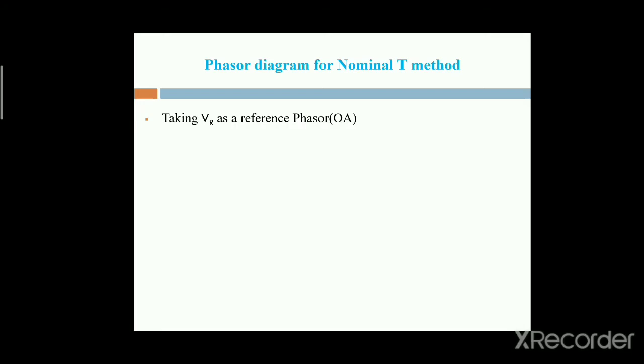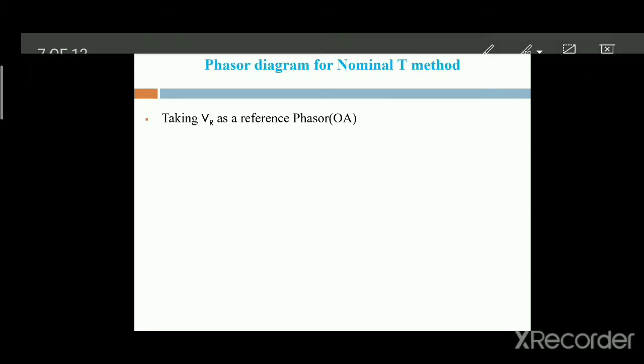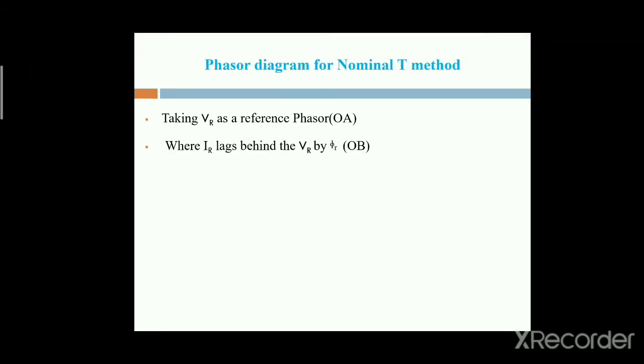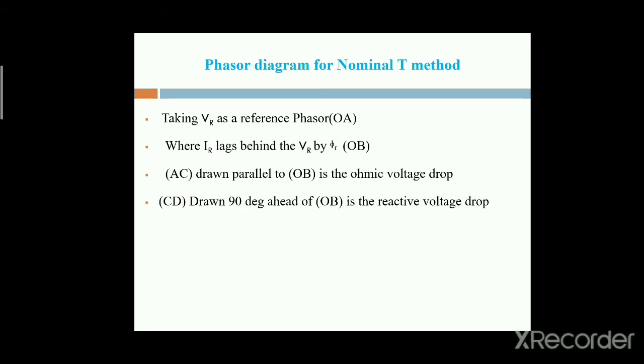Taking VR as a reference phasor, that is represented as OA, where IR lags behind the VR by phi r, that is OB. Then AC drawn parallel to OB is the ohmic voltage drop.